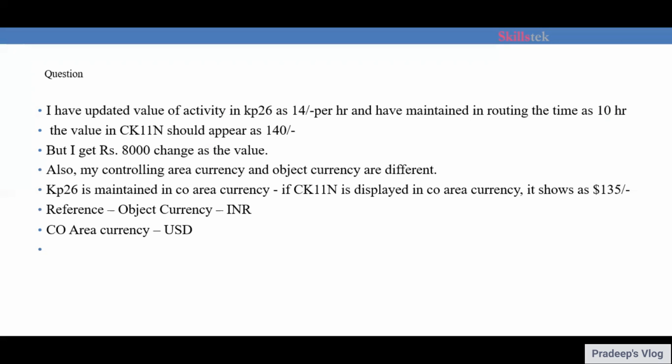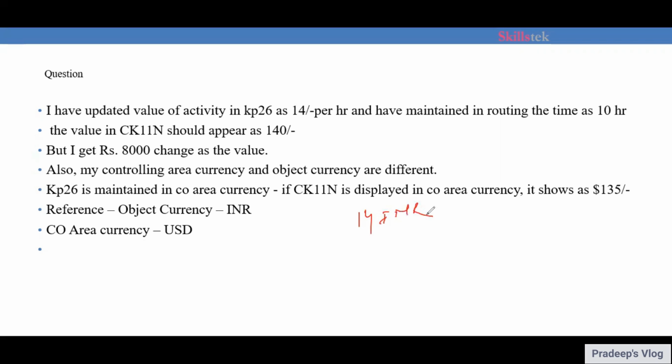Before that, first we have to create our KP26, where we upload our planned cost. Assume that for the operation, a particular activity, let's say machine activity, has a per hour cost calculated, in this example, of 14 rupees, so 14 INR.